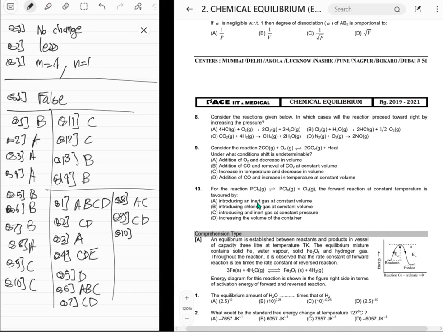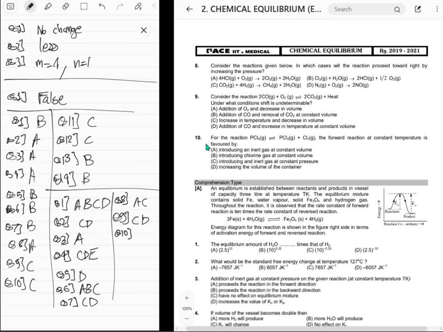For the reaction, the forward reaction at constant temperature is favored by... okay, that's good. And the forward reaction just needs a decrease in pressure, right? So introducing inert gas at constant volume doesn't work. Introducing chlorine gas, no. It's the same question as before, I think.